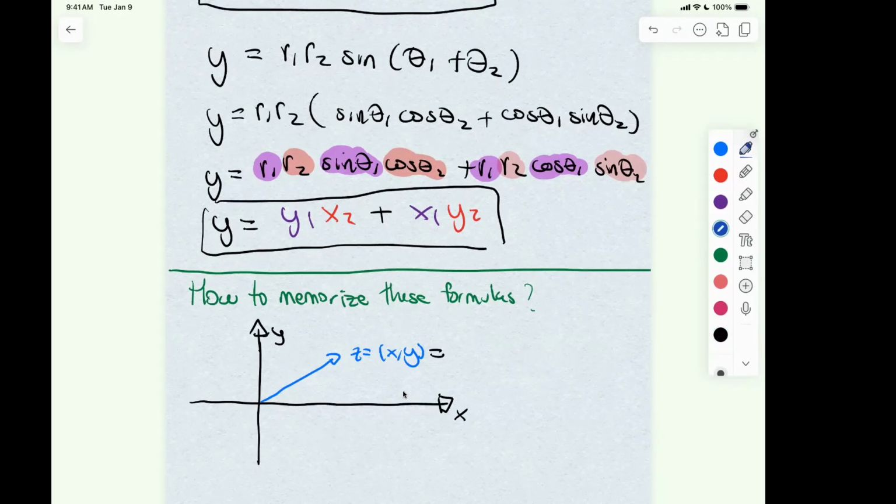We'll write this as x comma 0, which is here, plus 0 comma y, which is here.